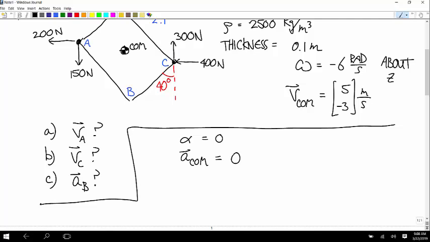But forces affect accelerations, right? Forces affect the translational acceleration of the center of mass, and moments produced by forces affect the angular acceleration. Forces do not instantaneously affect the velocity.